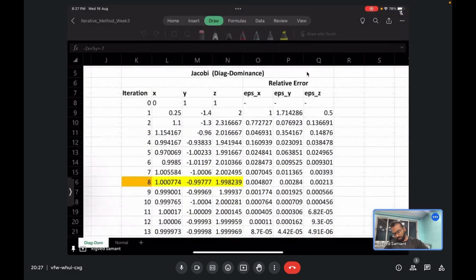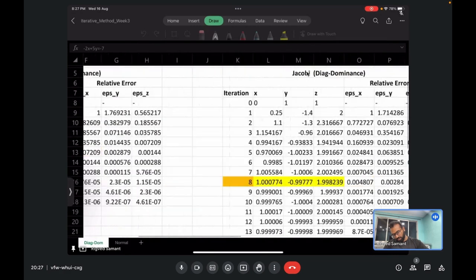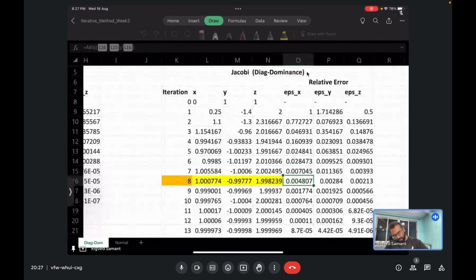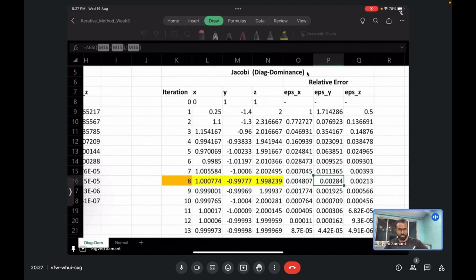So if you do it using the Jacobi method, this iteration we did gave 0.25, minus 1.4, and 2, and these are the epsilon values we got. If you keep repeating it, then at the 8th iteration your error for x, y and z goes in the range of 10 raised to minus 3.